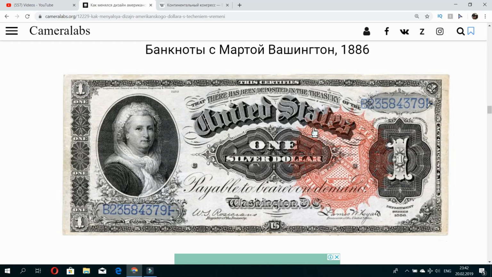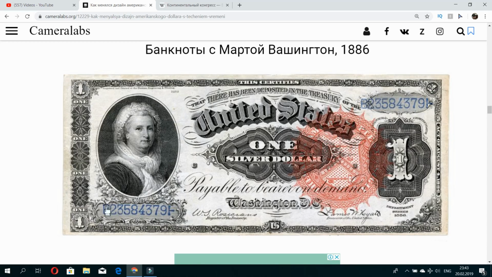Also one silver dollar payable to bearer on demand in Washington, D.C. That has been deposited in the Treasury of the United States, one silver dollar, so you can exchange it in silver, which is supposed to be deposited at the Treasury. And it's like 1888.